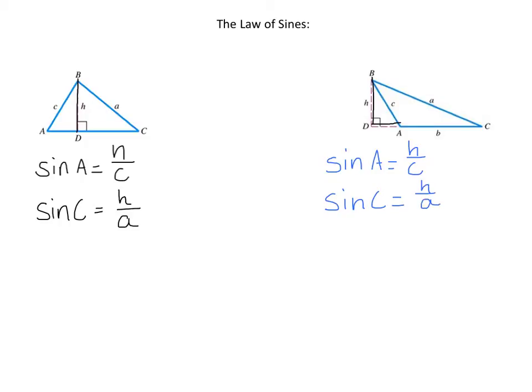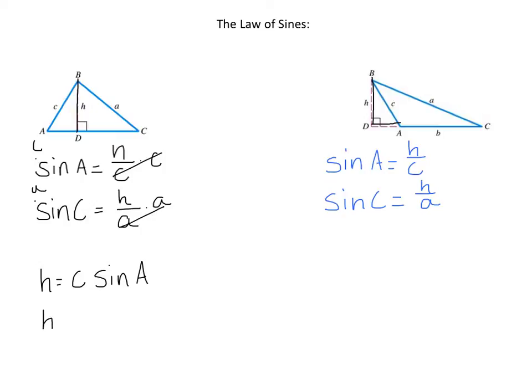In both cases, I will solve for h in terms of the other variables. So remember I'll multiply by c on both sides, and I will get that h is equal to c times the sine of A. On the next one, I'll multiply by a on both sides.